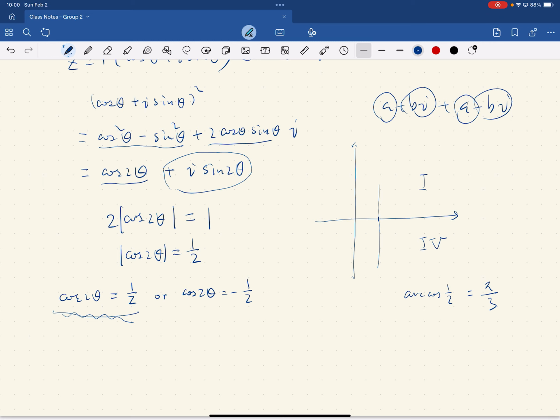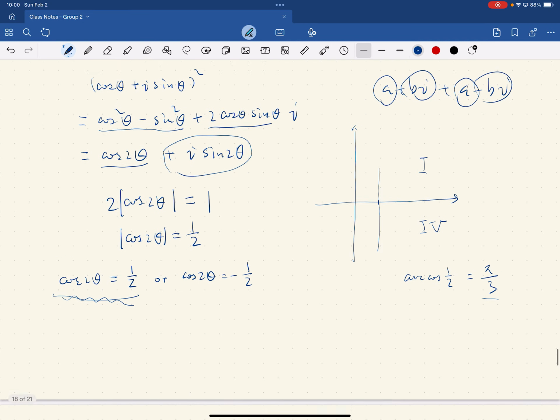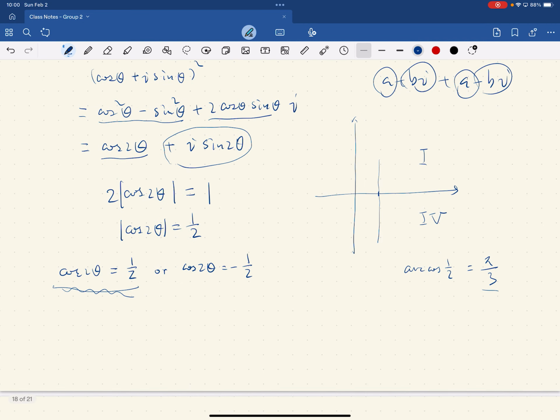So it means this could be in quadrant 4 as well.